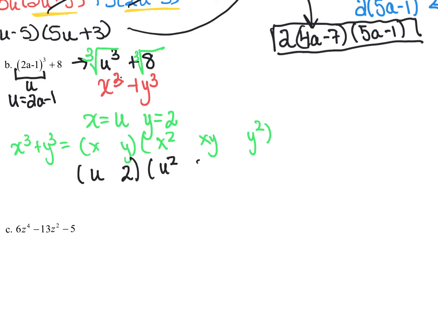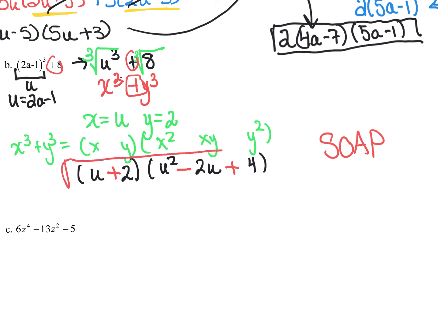U times 2 is what we call 2u, and then 2 squared is 4. And then we do the SOAP: plus, minus, plus. Same, opposite, always positive. Okay, one last time.